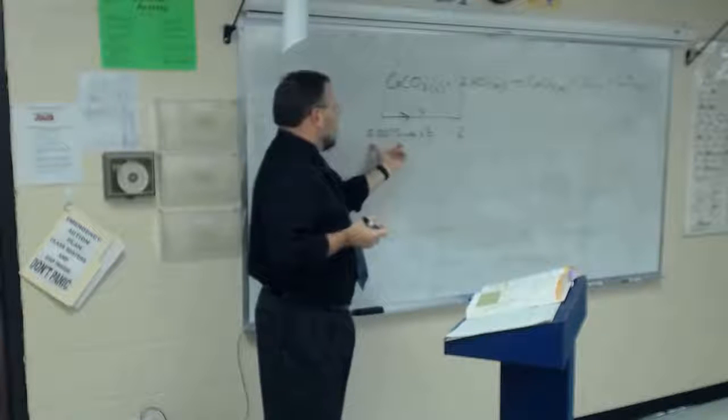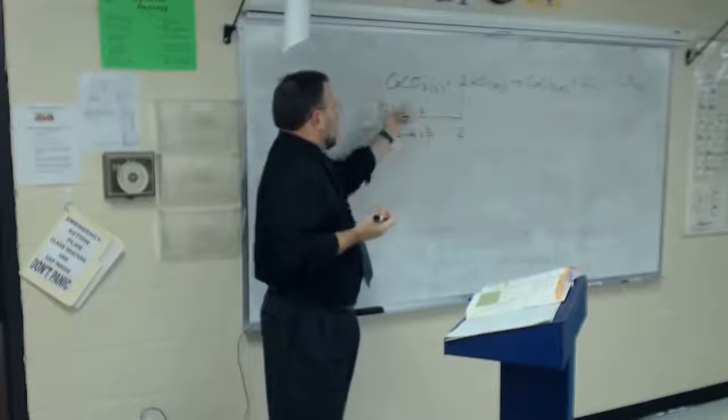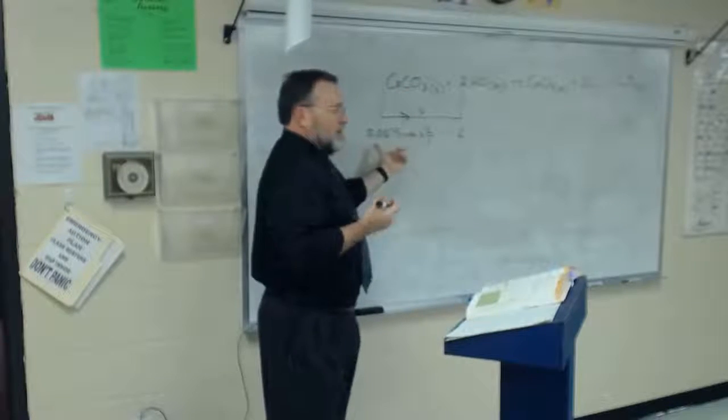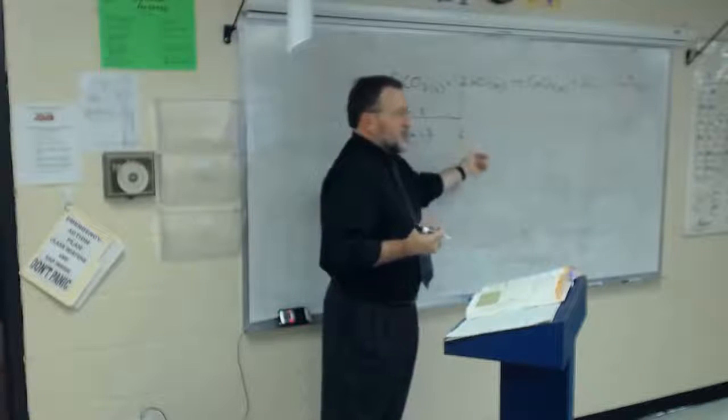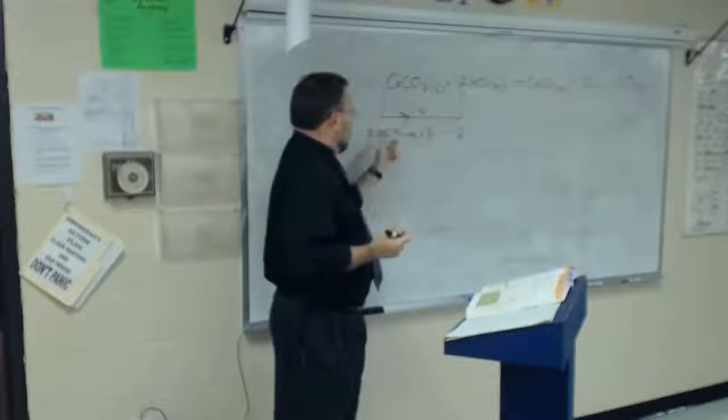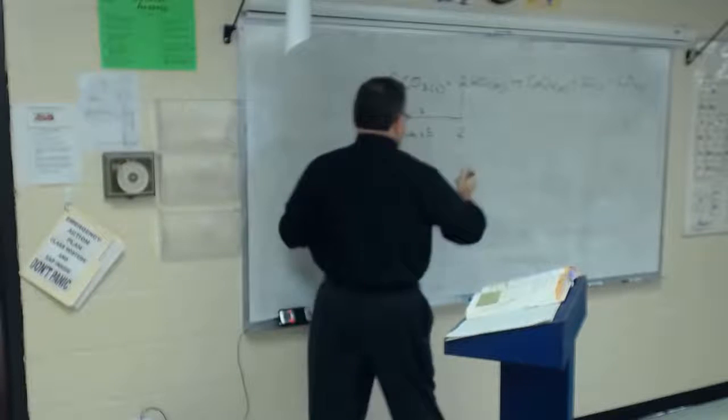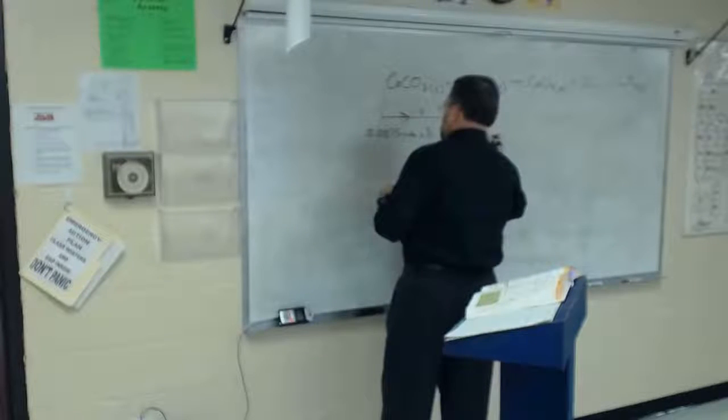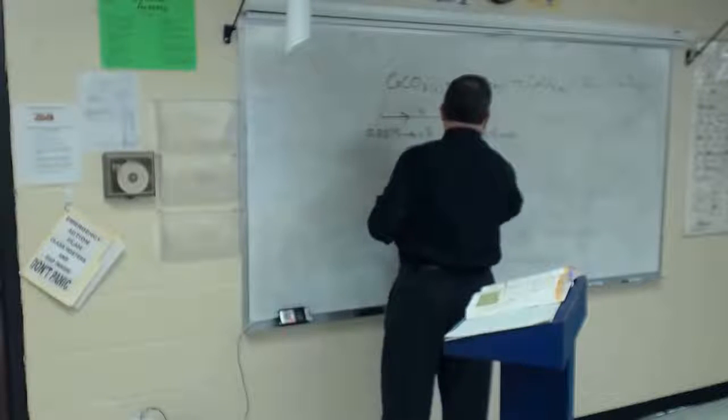So 0.0075 moles of calcium carbonate can neutralize how many moles of hydrochloric acid? 2 times that much. It can neutralize 0.015 moles.